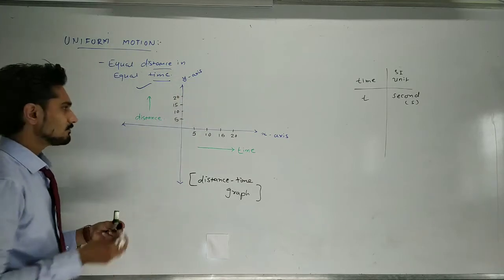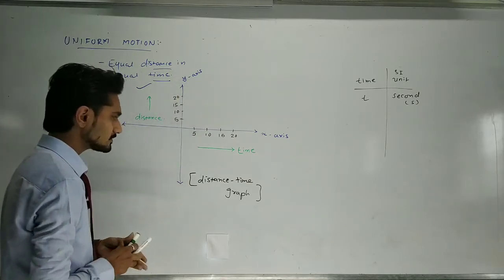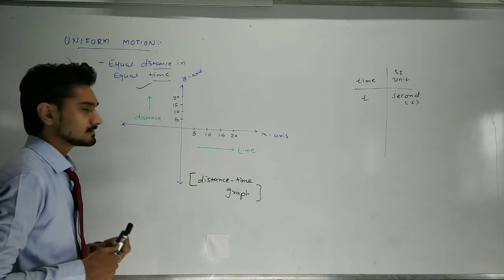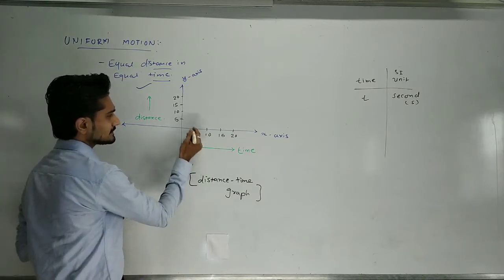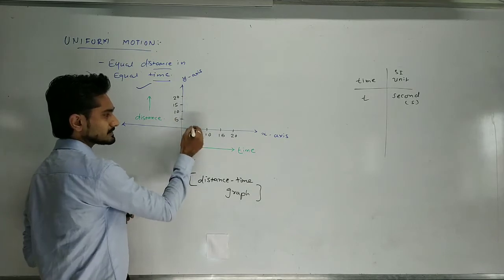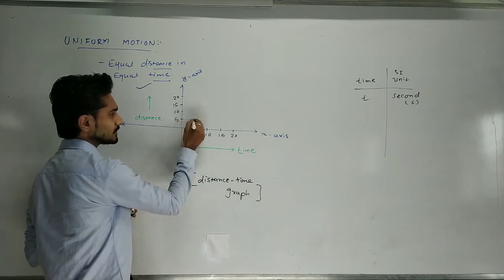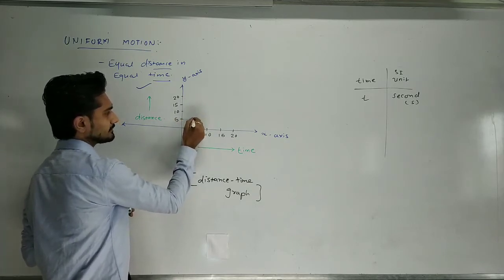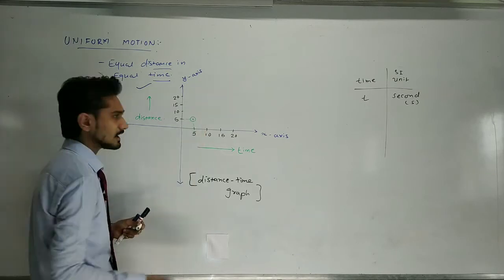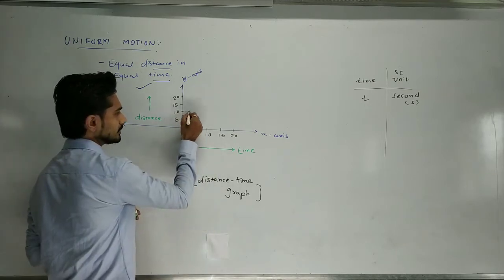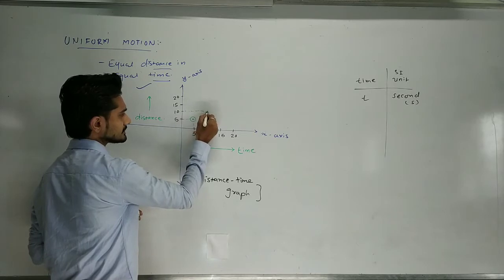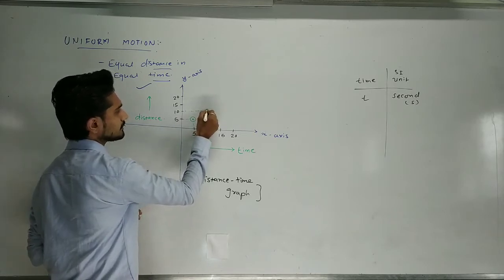Now what have I done? I have done the motion of 5 kilometers in 5 minutes, so that will come as a point here. Afterwards I covered 10 kilometers of distance in 10 minutes, so the point comes here.